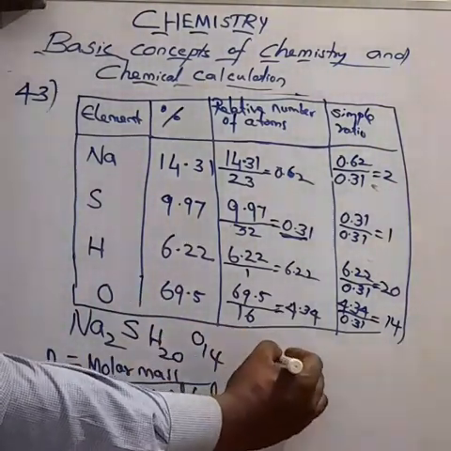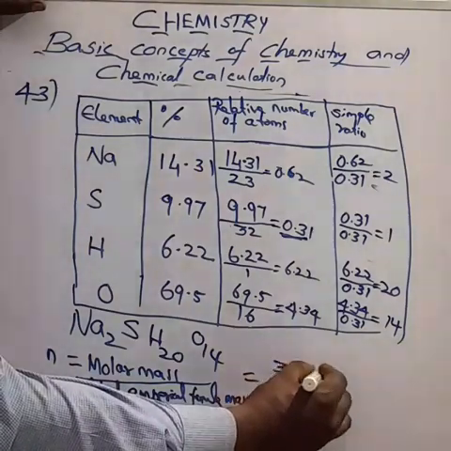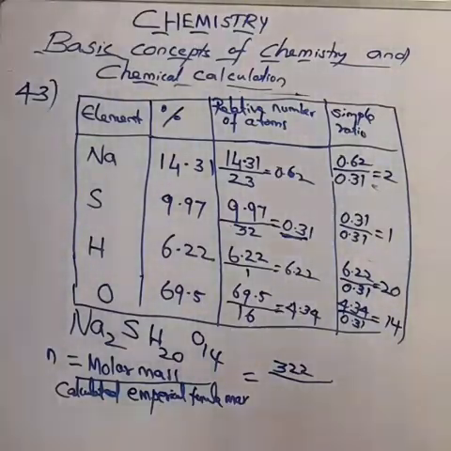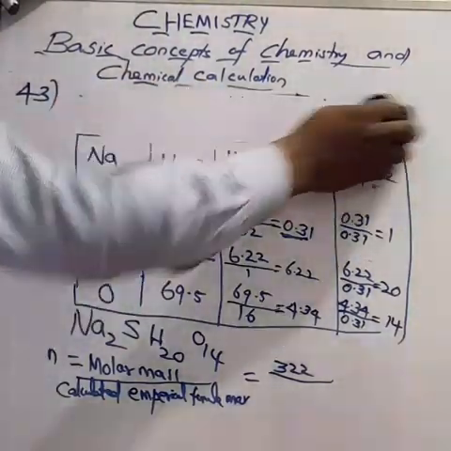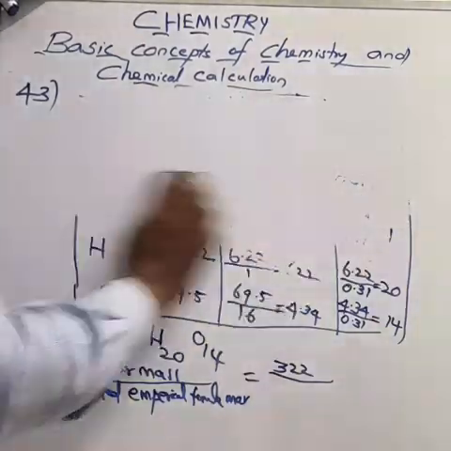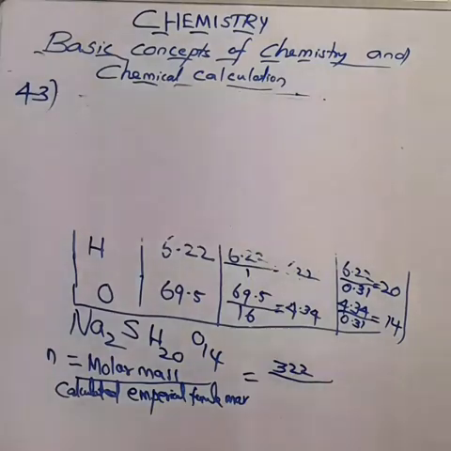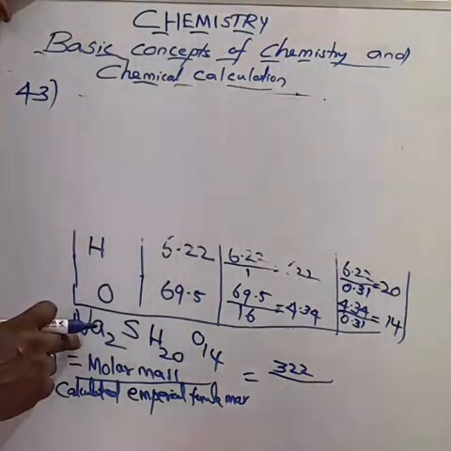Am I right? So 322 divided by the calculated empirical formula mass. Okay. Here this calculated empirical formula mass we have to calculate.